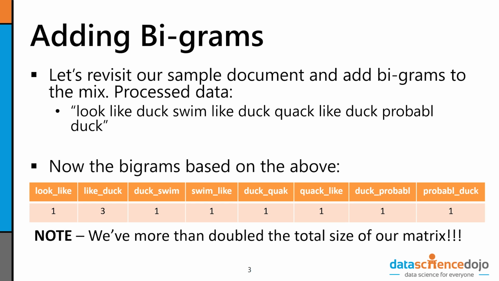Not only that, but what you'll find, and we'll see this in a bit, is that not only do you pay the price in terms of a much larger matrix, with many, many more columns than you had before when you start adding bigrams and trigrams and so on, but you also get this problem of sparsity.